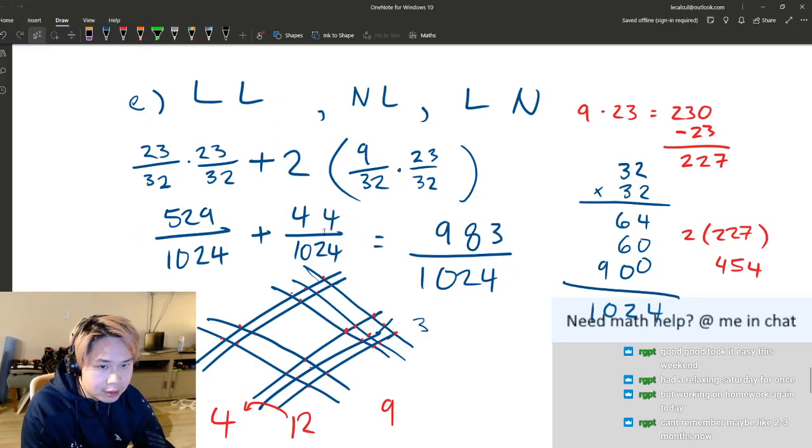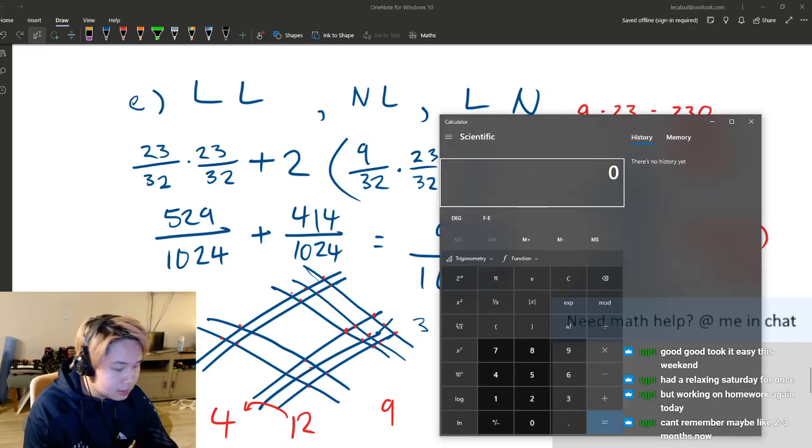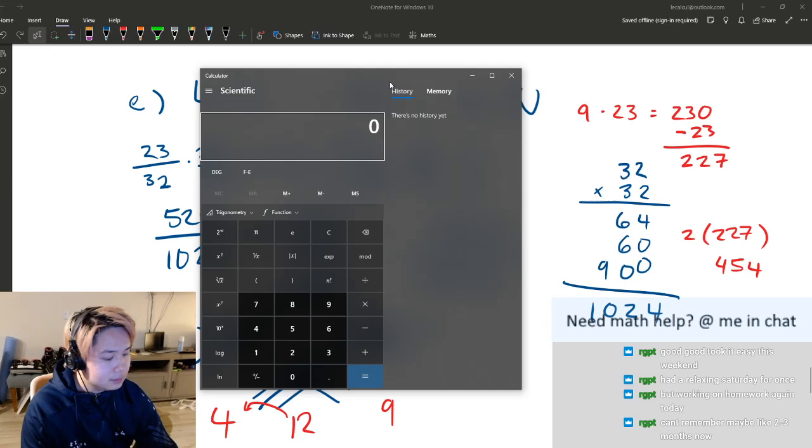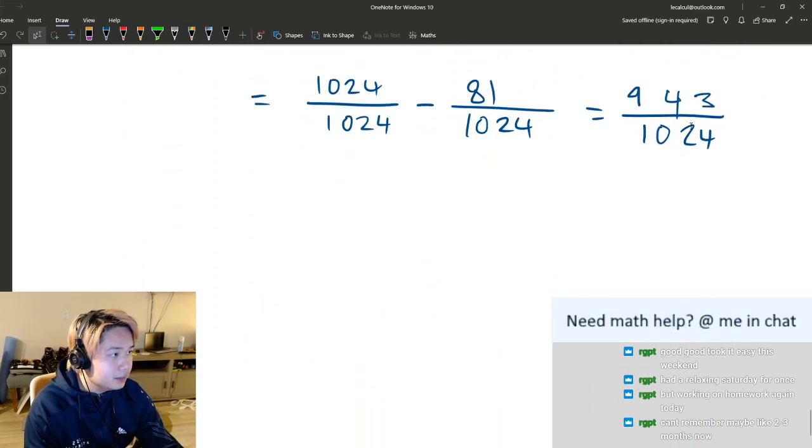So this should just be 414, which changes this to the correct answer. How did I mess this up? Nine times 23 is 207. Oh, I can't subtract. So 207, 207, 414. My bad. Okay, either way, you'll get this answer.